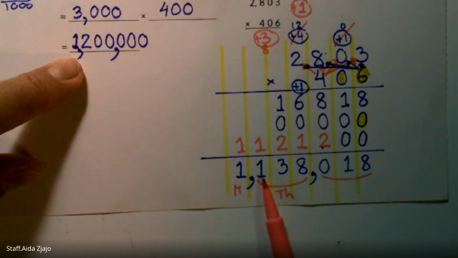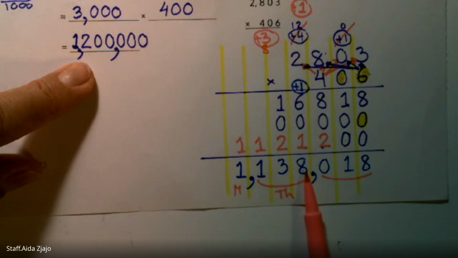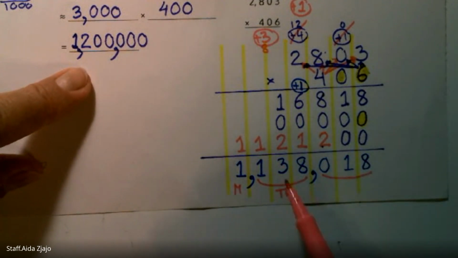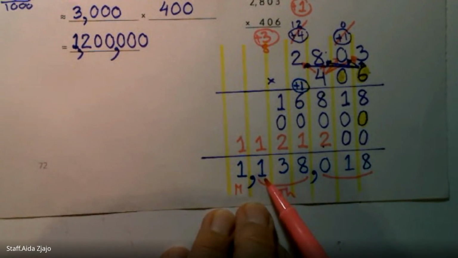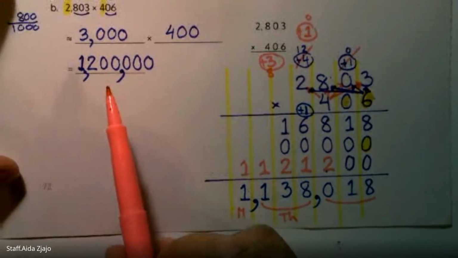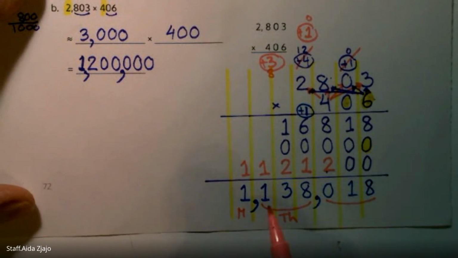1,200,000. So when you look at this, you can see 1 million, but you have 138,000. If I'm going to round this to the nearest 100,000, my rounding should be 1,100,000. So this was the highest estimate, because if I look at this one, 38,000 is not 50,000 that makes a new 100,000.